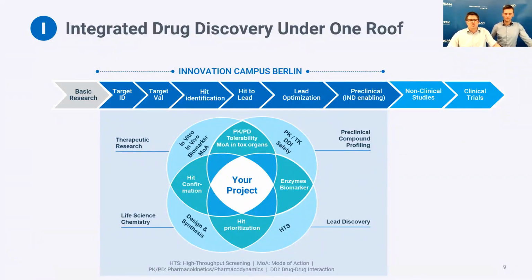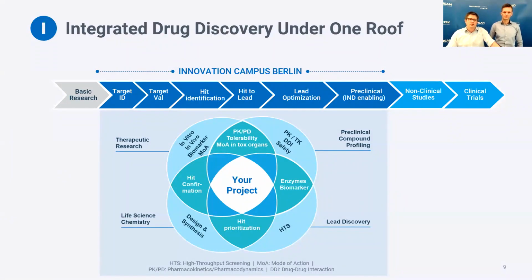Something which is really necessary for doing this in a very efficient way is that we are working hand in hand together in a cross-functional team. We have different departments focused on HTS or chemistry, or we from therapeutic research, as well as preclinical compound profiling, dealing with DMPK, tox and safety issues.